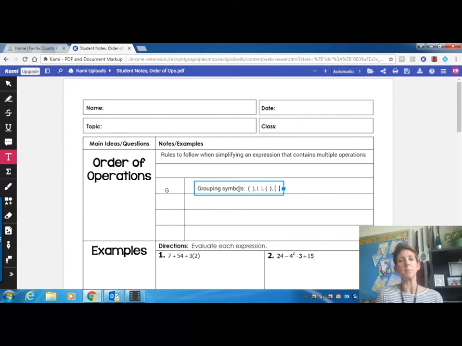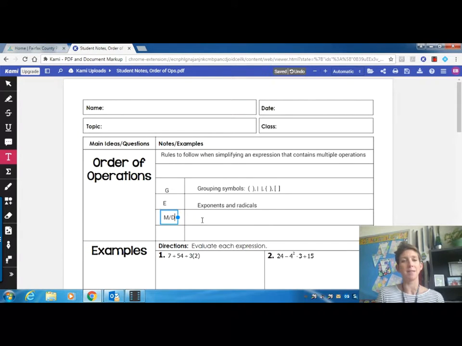So those are the grouping symbols that you'll be often seeing in class this year. So that's G of GEMDAS. The E stands for exponents. And it also includes radicals, which we've been discussing.